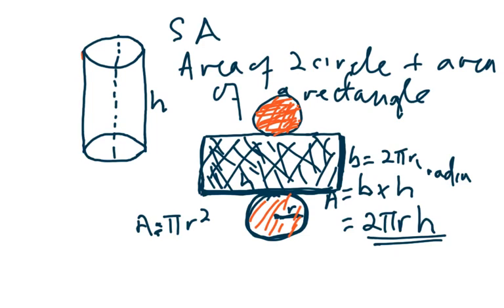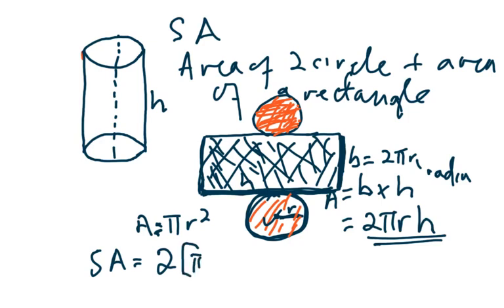So let us then finalize this. The surface area of a cylinder is given by two circles. We know it's two of them, that and that. What's the area of a circle?